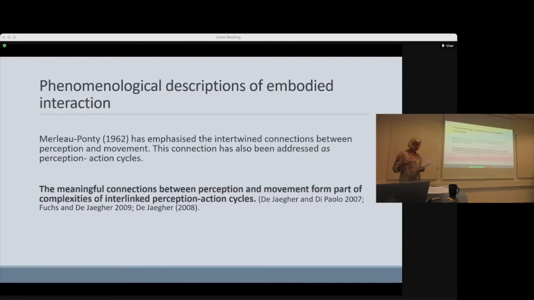As part of their phenomenological analysis, they add to Merleau-Ponty, and they emphasize that the meaningful connection between perception and movement reaches beyond, or you could say is more than, the perception-action cycles of singularized bodies, which seems to be the focus of Merleau-Ponty's work. So the meaningful connections between perception and movement form part of complexities of interlinked perception-action cycles.